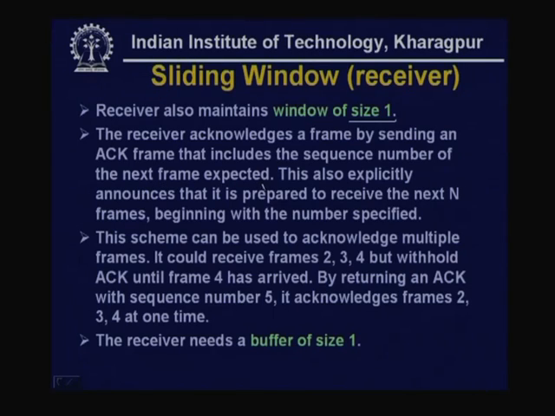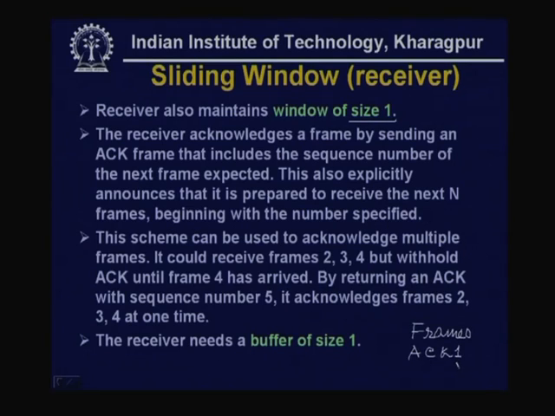The receiver acknowledges a frame by sending an acknowledgement frame that includes the sequence number of the next frame expected. That means, suppose frame 0 has been received by the receiver, then it will send an acknowledgement like this, ACK1. That means the frame that it is expecting next. So, in this way it explicitly announces that it is prepared to receive the next n frames beginning with the number specified.